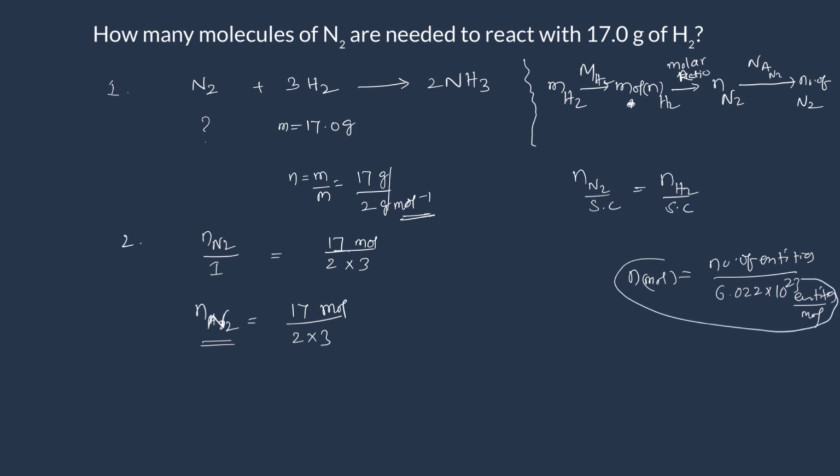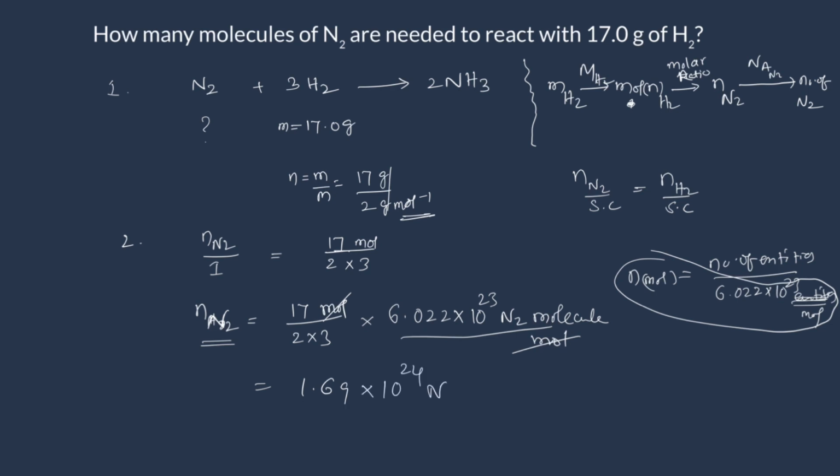These two will be multiplied. Therefore, I am multiplying this by 6.022 into 10 power 23 N2 molecules per mole. Entities here mean N2 molecules. So the mole cancels after multiplying and dividing. So what will you get here? Answer is 1.69 into 10 power 24 nitrogen molecules.